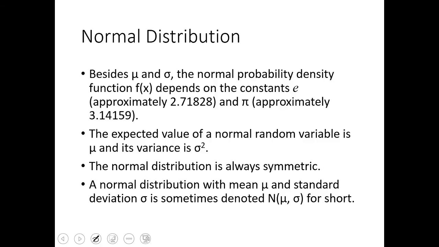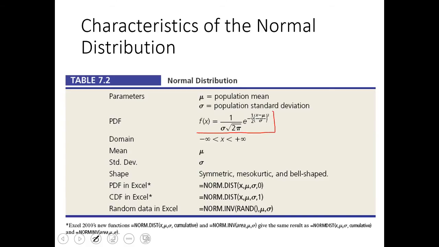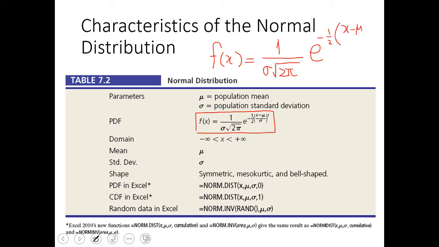So the probability density function of the normal distribution is here. It is 1 over sigma square root 2 pi, times e to the minus 1 over 2 times (x minus mu divided by sigma) squared.